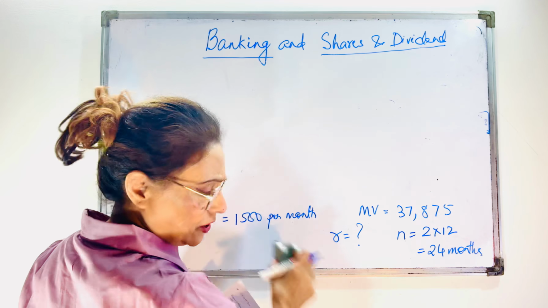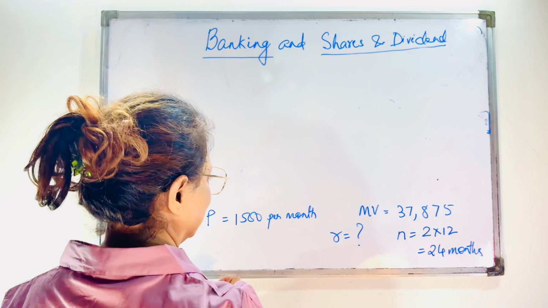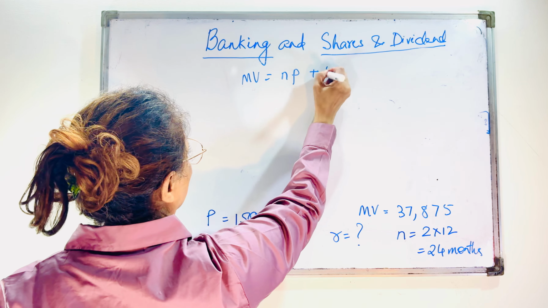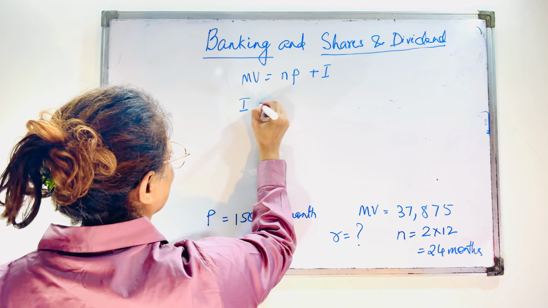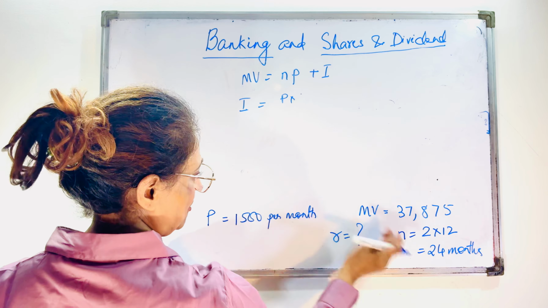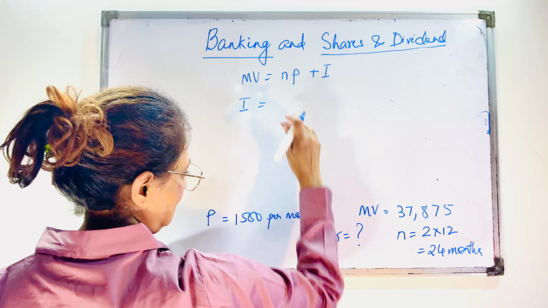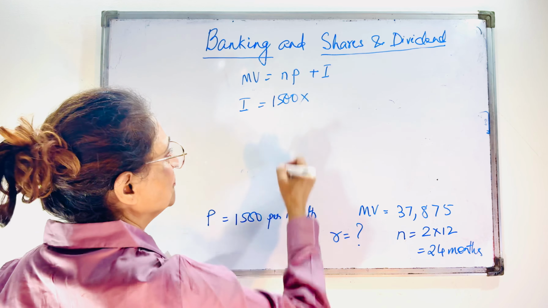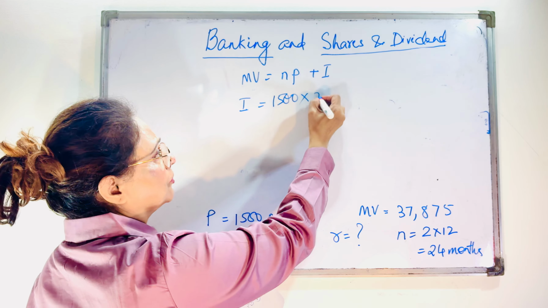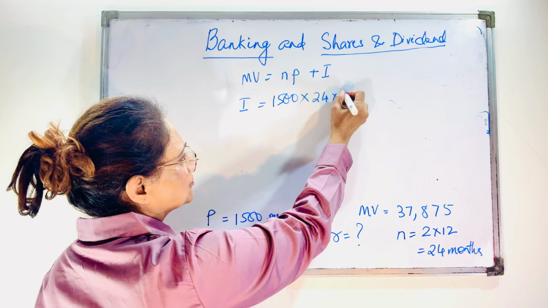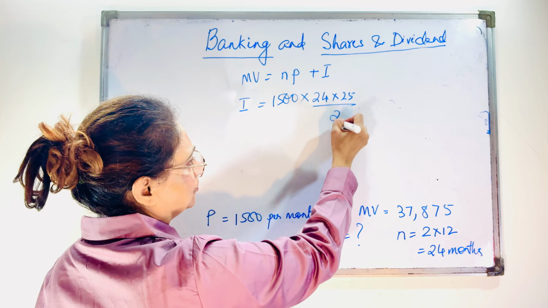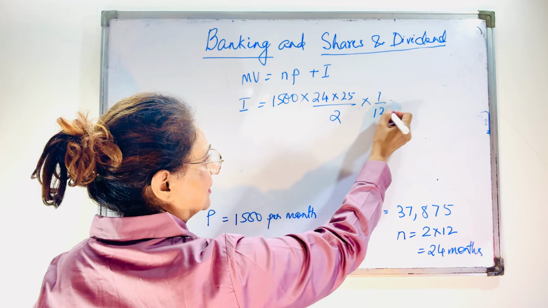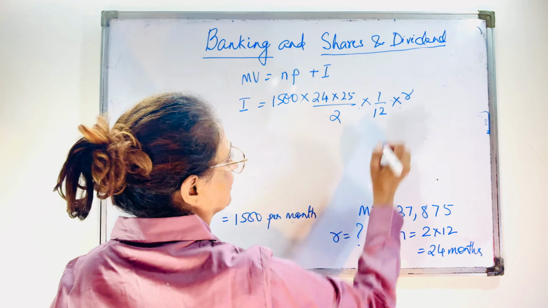Alright. So maturity value is given. We first need to find I, because maturity value is n times P plus I. So let us find I. I is P into n into n plus 1 by 2 into P times 1 by 12 into rate by 100, where P is 1500 and n is 24.